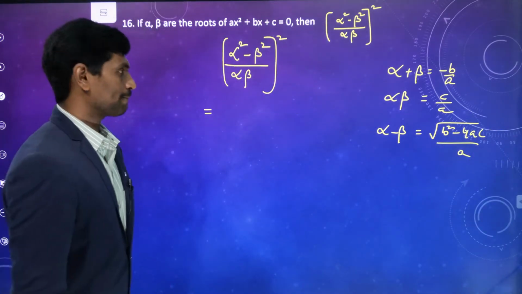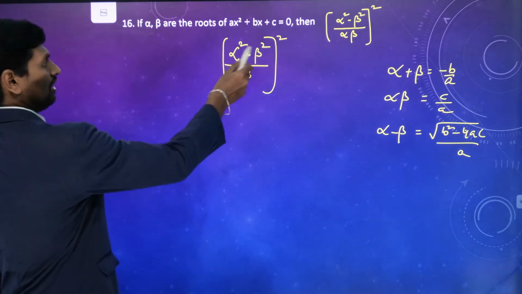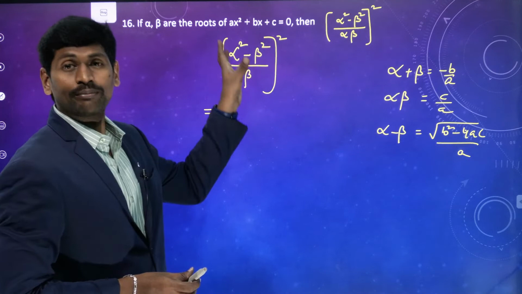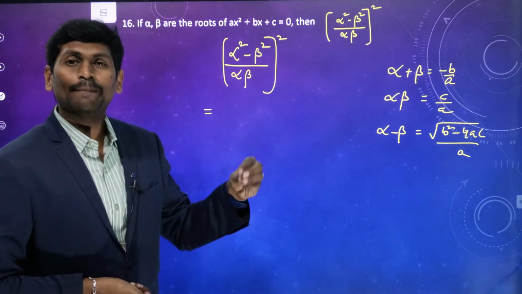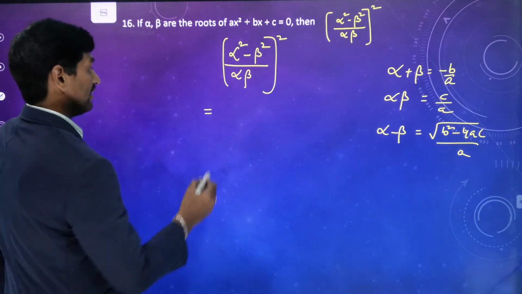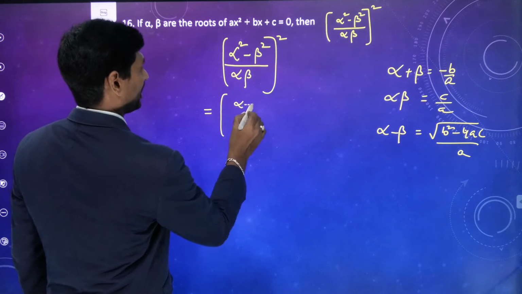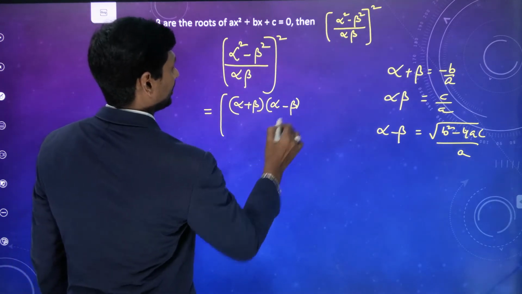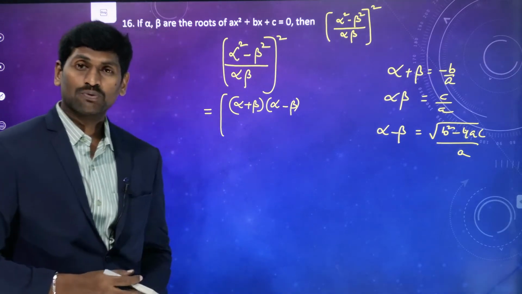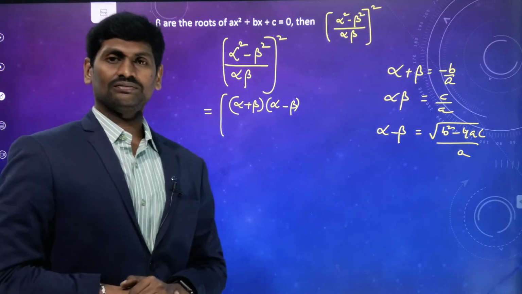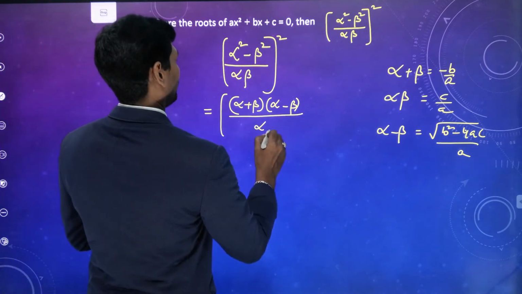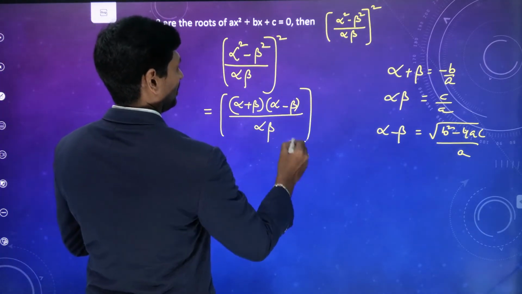Am I right? Okay. Now alpha square minus beta square is in the form of a square minus b square, nothing but a plus b into a minus b. So I can write alpha plus beta into alpha minus beta instead of alpha square minus beta square. Okay na? By alpha beta whole square.